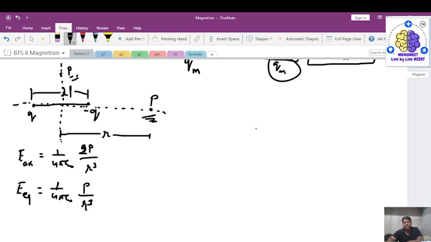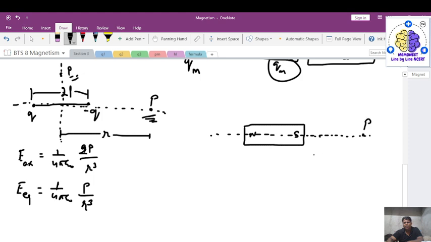Similarly, if we consider a bar magnet as a magnetic dipole, with north here and south here, and this is the axis of the magnet, and we have a point P at a distance r from the center of the magnet, then the magnetic field intensity B will be mu naught upon 4 pi into 2m upon r cube.